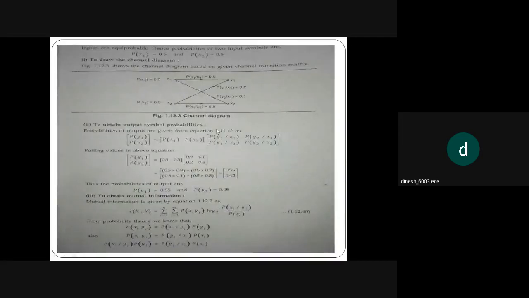Next, y1 over x2 and y2 over x2 are 0.2 and 0.8 respectively. So this is how to draw the channel diagram. Is there anybody having doubts in channel diagram drawing? If you have doubts, ask now itself, or I'll draw it again for you.